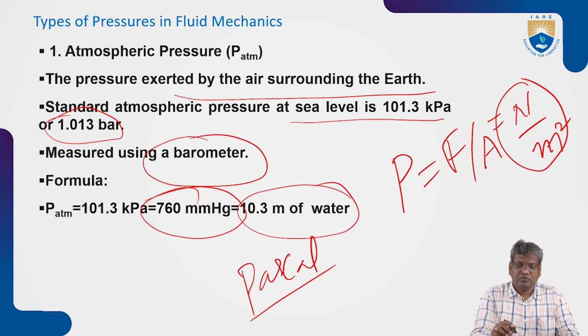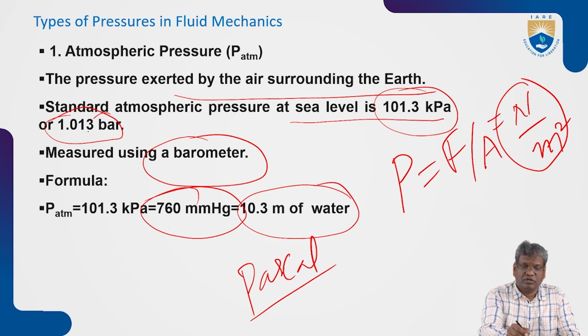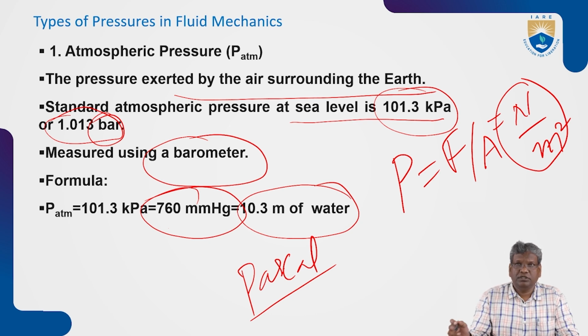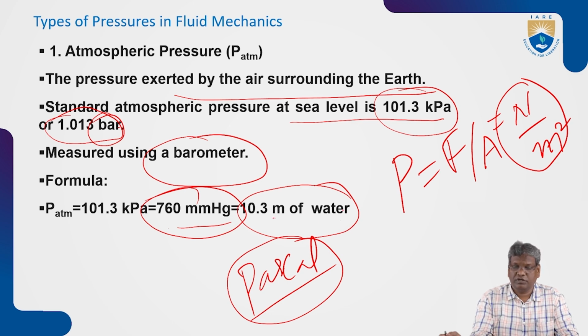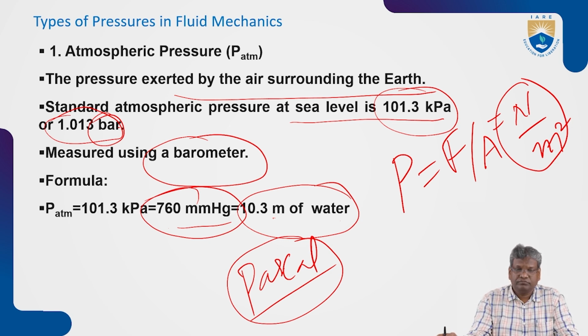Bar is one of the other units for pressure. So pressure can be measured in terms of Pascal and bar, mm of Hg, cm of Hg, and meters of water head. Like that we can write different units for pressure.